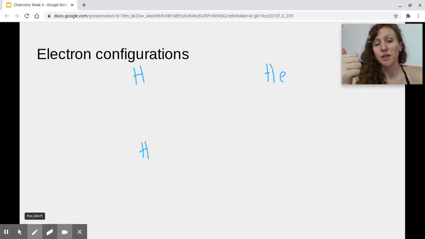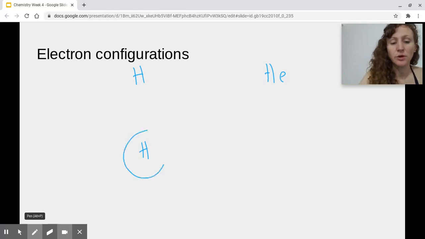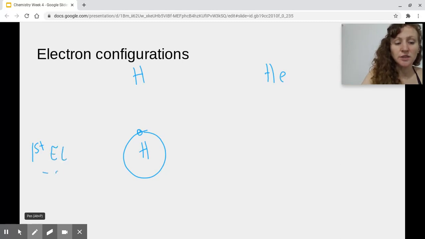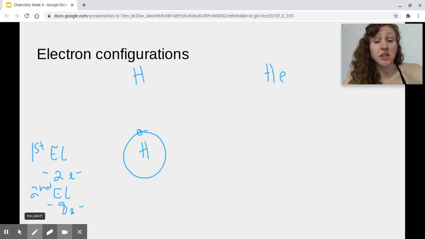Hydrogen has 1 electron, and according to the Bohr model, the first energy level can hold 2 electrons, and then the second energy level can hold 8 electrons, right? So hydrogen has 1 electron, it only needs 1 energy level. And there we are. That's the Bohr model.